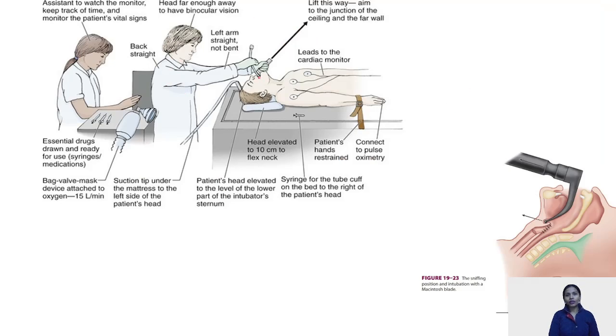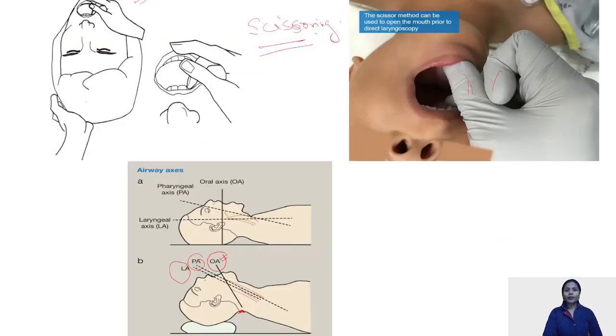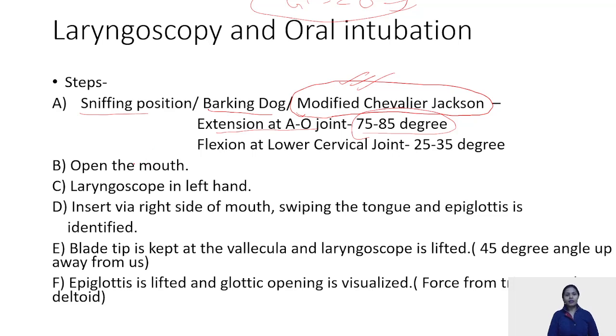As you insert your laryngoscope, you swipe the tongue to the left and take your laryngoscope to the midline. You visualize your epiglottis, and now the question that is asked is where the tip of this blade is kept. The tip of the blade is kept at the vallecula.